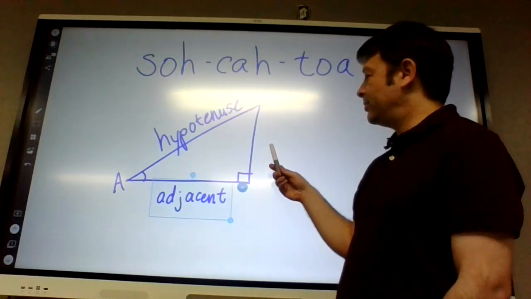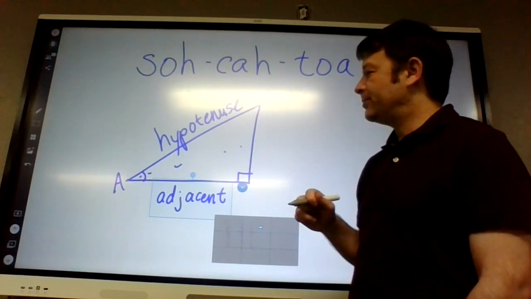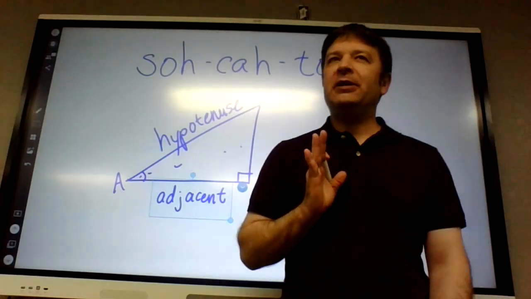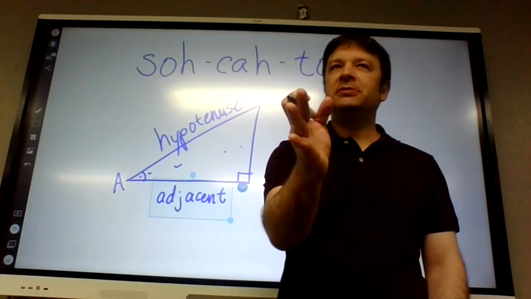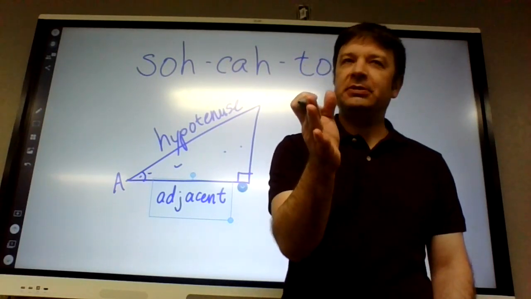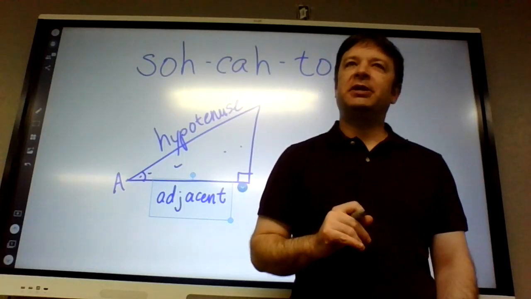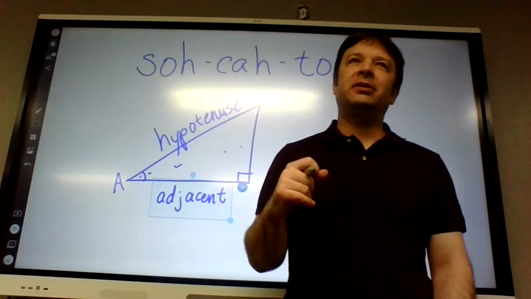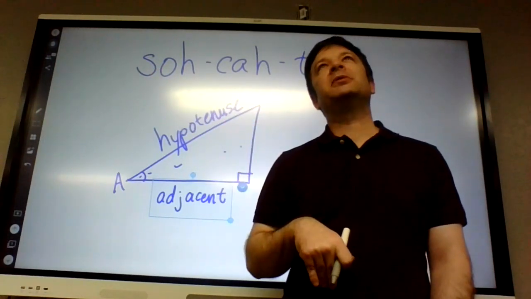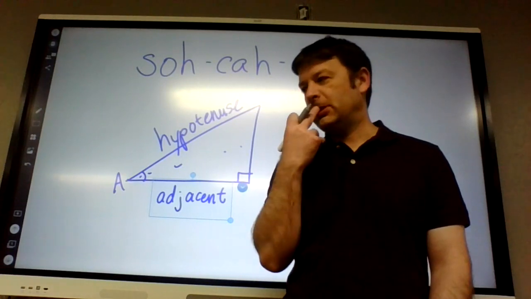Okay, the one over here that's far away from angle A. If somebody lives across from you on the street, do you know a way to say that? Like you could say opposite?